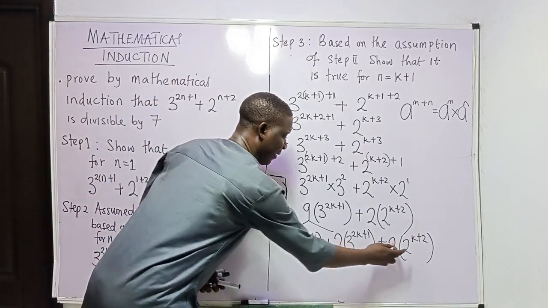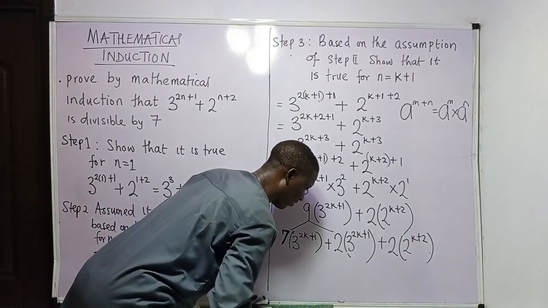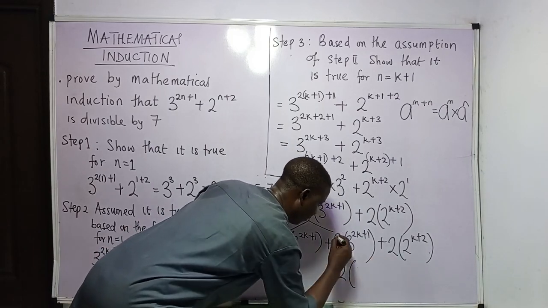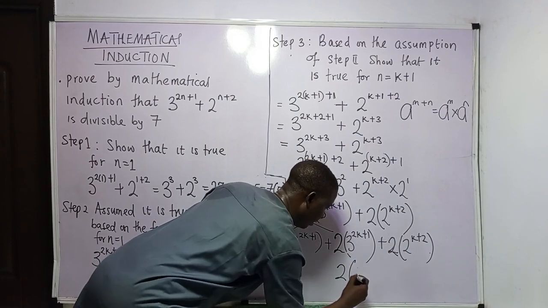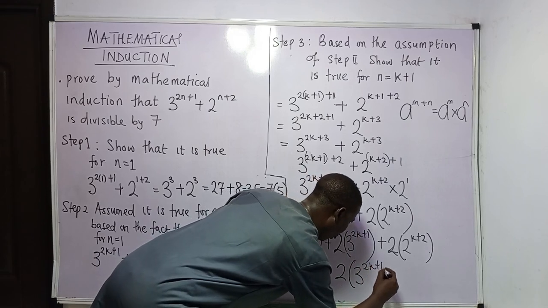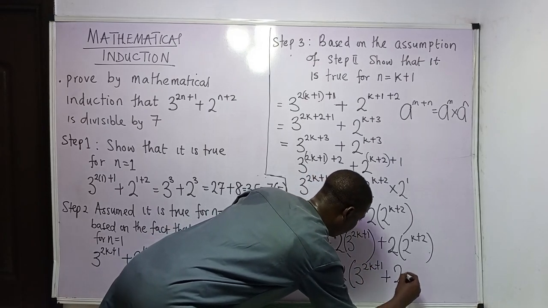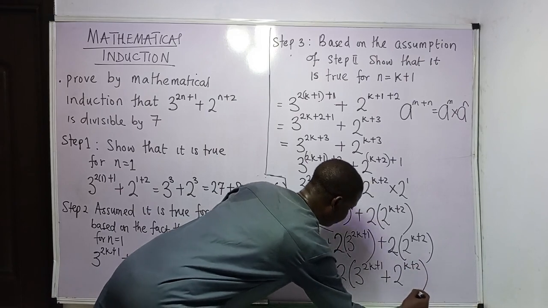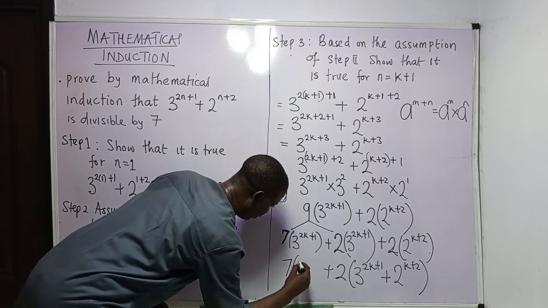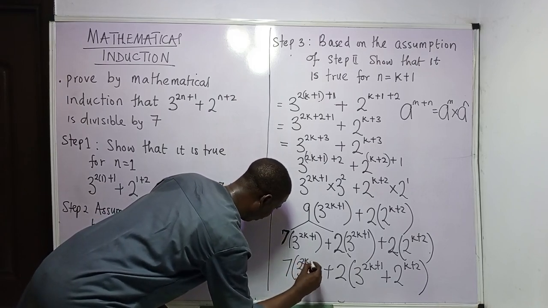Now, if I factorize the 2 out, 2 is common. If you bring 2 out from both sides, you would have remaining 3 raised to 2k plus 1 plus 2 raised to k plus 2. Now, plus 7 into bracket 3 raised to 2k plus 1.